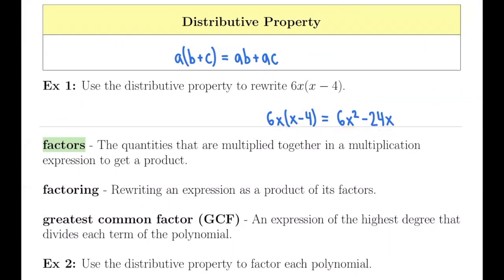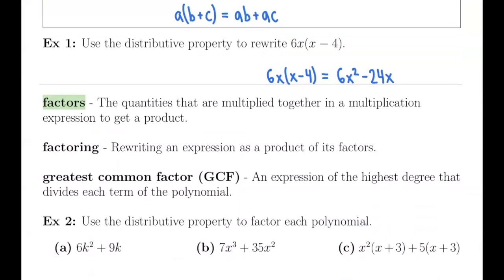Because when you multiply 6x times x minus 4, you get the product, 6x squared minus 24x. And you've even seen this in elementary school, like the factors of 8 are 4 and 2, for example, because 4 times 2 is 8. So it's just the two things that you're multiplying to get the product. That's what the factors are. And factoring is rewriting an expression as a product of its factors.